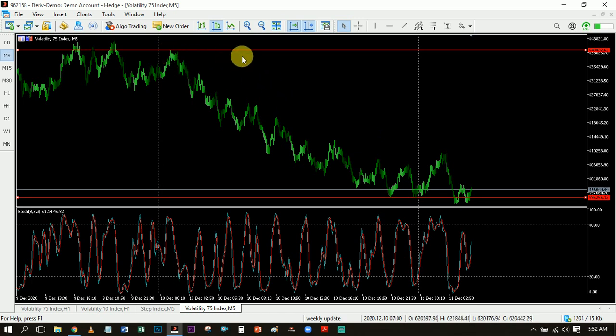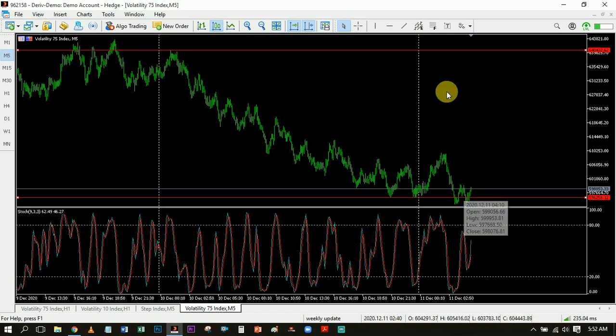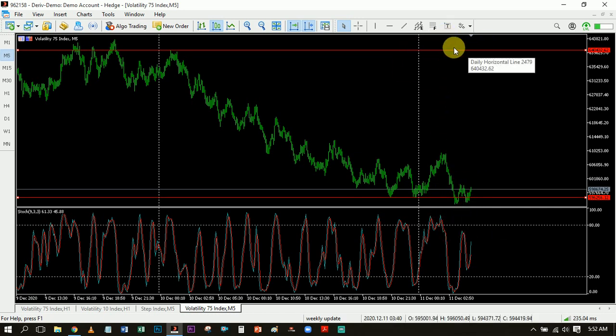So the high is the resistance, while the low price is the support. So now you want to see reactions of the price around this level or this level.